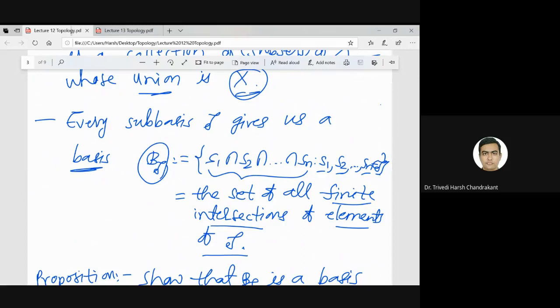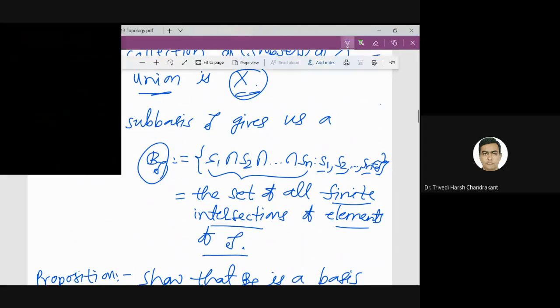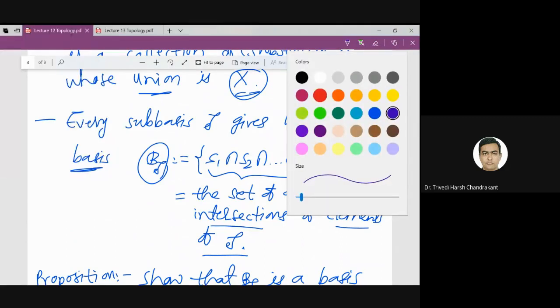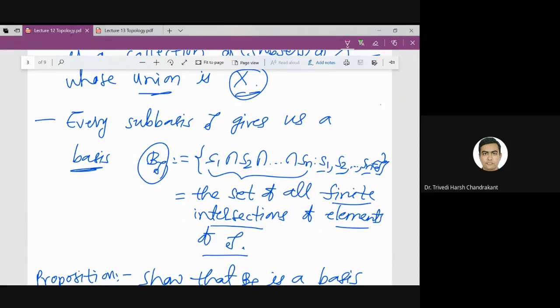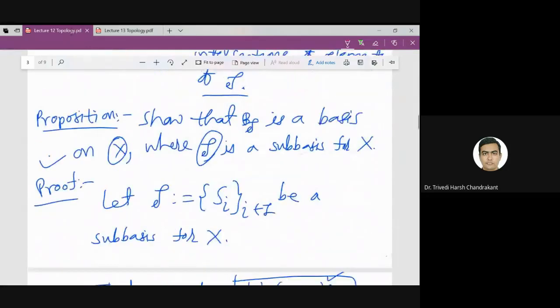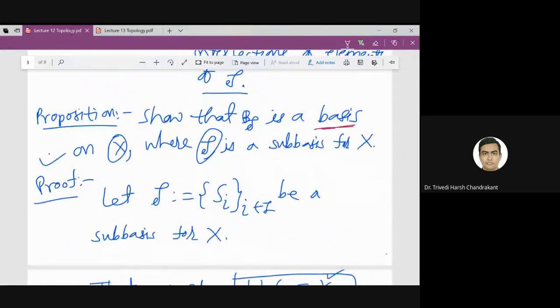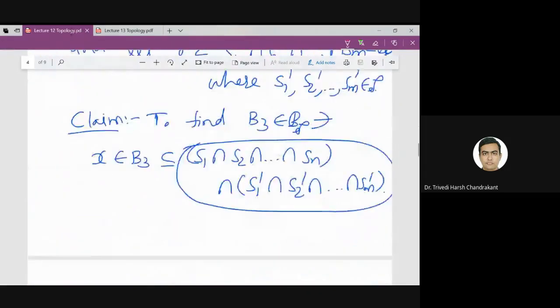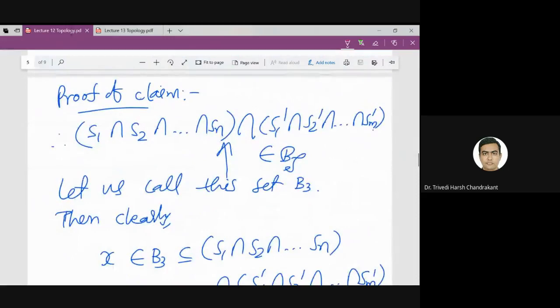Whatever family S we have, we take all possible finite intersections of elements of this family S. That is the basis. We check that this satisfies the properties of a basis on the given set X, and since it is a basis, it generates a topology.